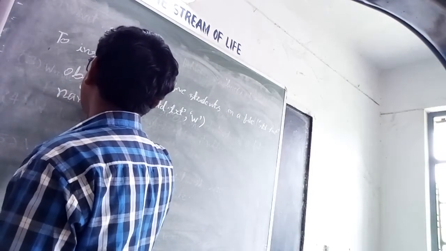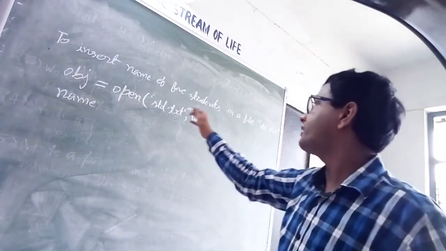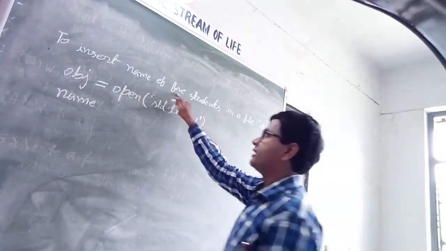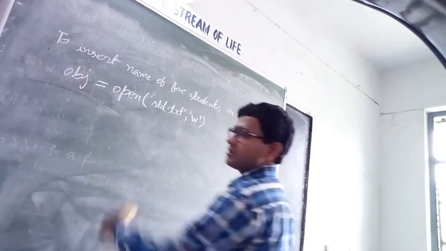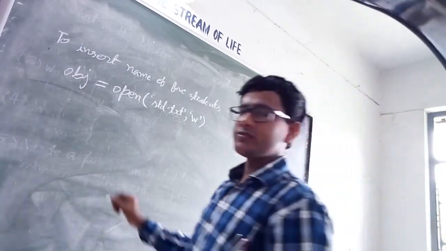Next, since we have to enter the names of 5 students, hence we use a for loop.